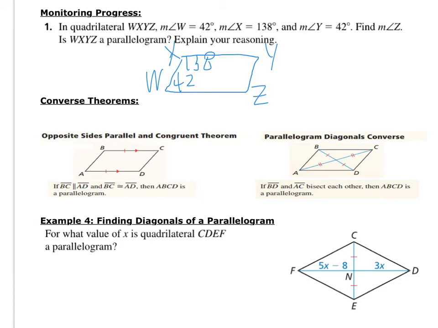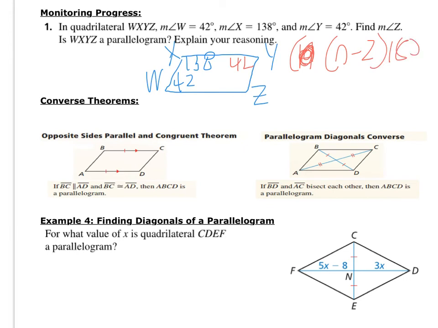I'm going to change colors. And then they tell me angle Y is 42. So from what we did in the last lesson, we could find this missing angle, because in a quadrilateral, don't the 4 angles have to add up to a certain total? And if you don't know that about a quadrilateral, which you should by now, you could still use the formula, which is, remember, n, the number of sides, minus 2, times 180.